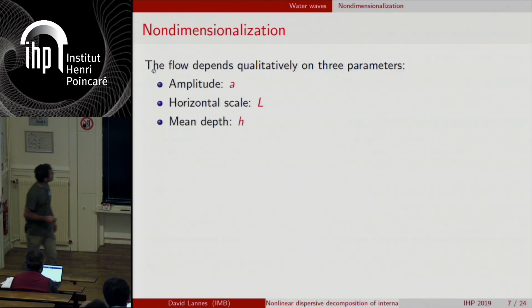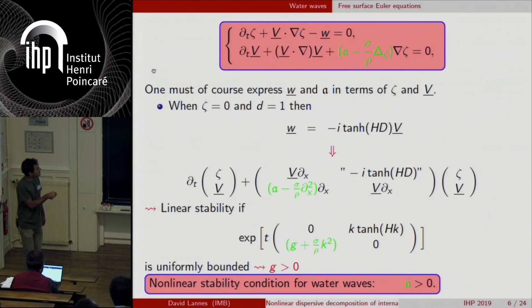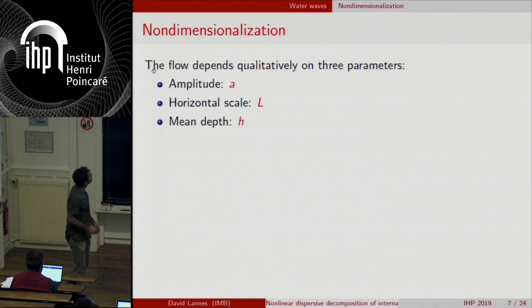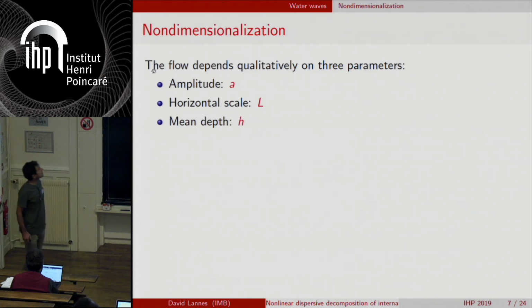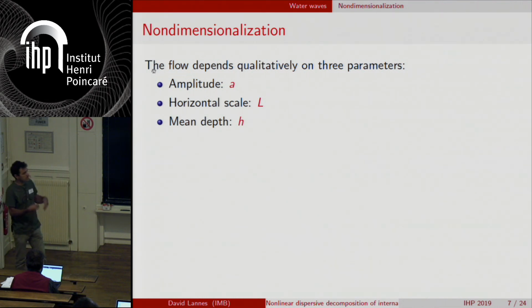Okay, so now if you want to understand the importance of this surface tension coefficient for surface waves, maybe an easy thing is to look at what happens in shallow water, which is quite important for many applications in oceanography, for instance in coastal oceanography or for tsunamis, where you have a horizontal scale L, which is much larger than the typical depth, which is h, and you also have another parameter, which is the amplitude of the wave a.